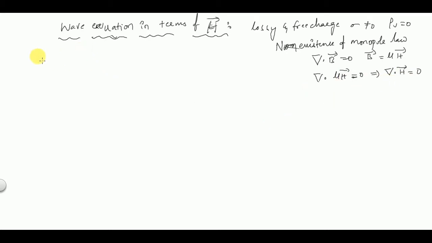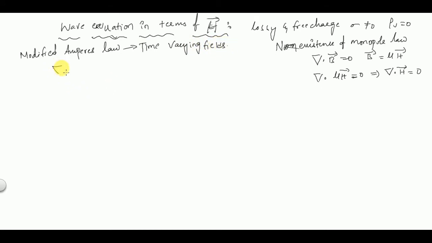Okay, so now consider the modified Ampere's law of time varying fields, Maxwell's equation of time varying fields.